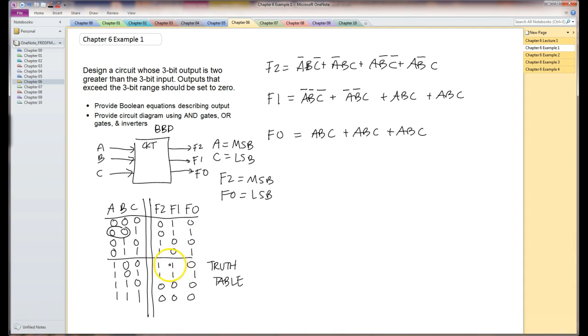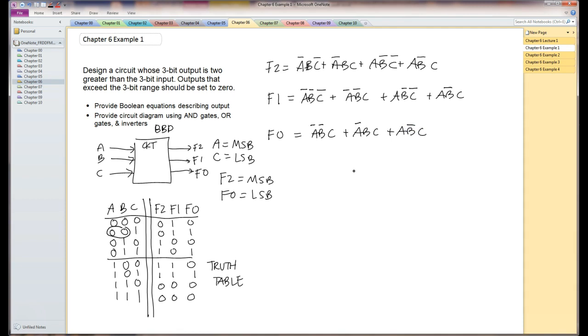We have B and C complemented, and lastly B complemented. For the F0 column, once again we have B and C complemented, A complemented, and B complemented. Those are the equations describing our circuit.